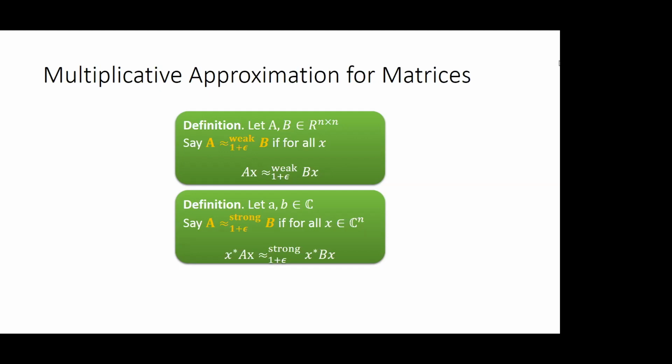The average of A and its conjugate transpose is a Hermitian matrix, and it would be problematic if this definition only matched up with that, because we'd be ignoring the asymmetric structure in A. And it is true that the definitions will match up if x is just a vector from R to the n instead of C to the n, which is why we need to require that x be a complex vector.